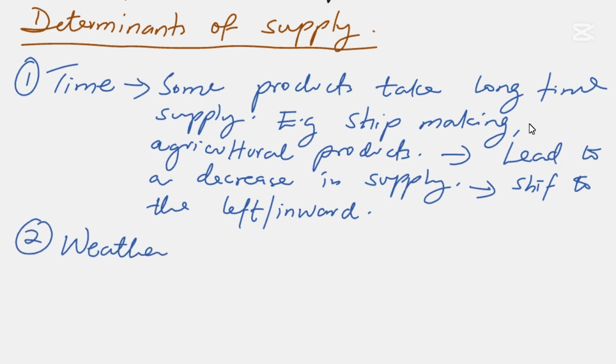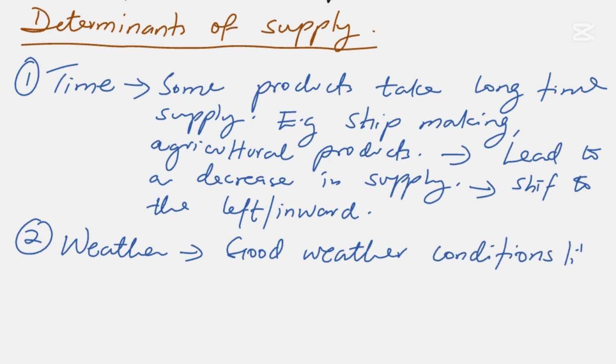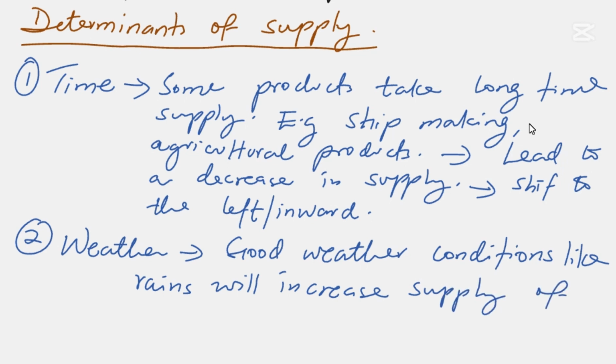Factor number 2 is weather. This is specifically for agricultural products. When you have good weather conditions, an example is rains, then we have an increase in supply of agricultural products.